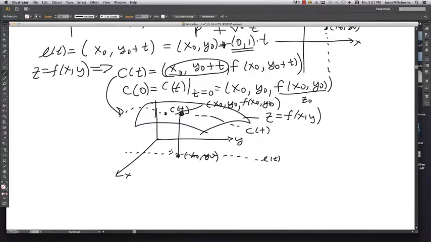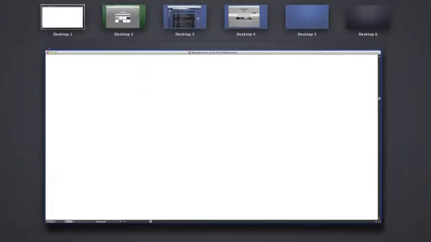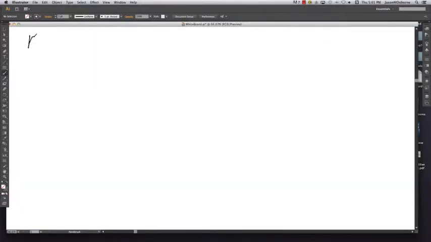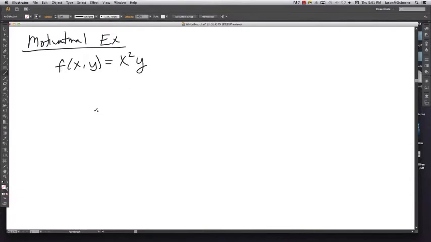So let me start an example, just a motivational example. Let's say that your function, let's not pick too crazy a function here, is f of x and y equals x squared times y. Now we know from the first video that f sub x is 2xy, and we know that f sub y is equal to x squared.